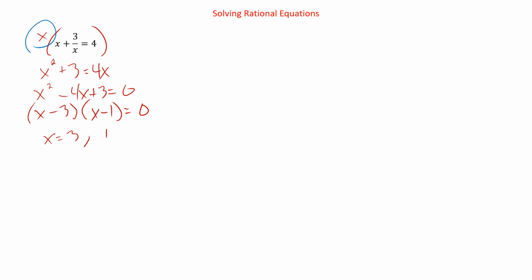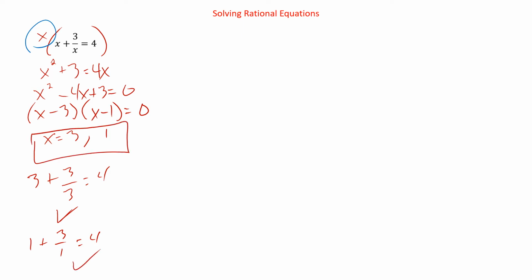So if we plug in 3, we have 3 plus 3 over 3 equals 4. So that's 3 plus 1 equals 4. That checks out. If we plug in 1, we have 1 plus 3 over 1 equals 4. So 1 plus 3 equals 4. So that one checks out. So in this case, it does happen to be both of them, but that will not always be the case.